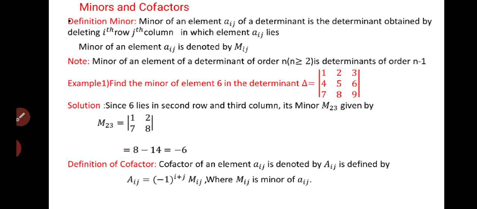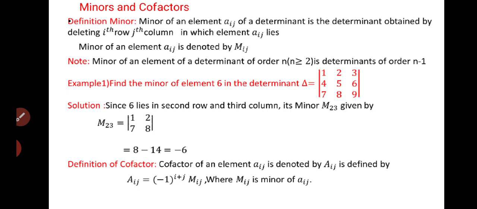Minor is nothing but the element of a determinant obtained by deleting the ith row and jth column in which the element aij lies.